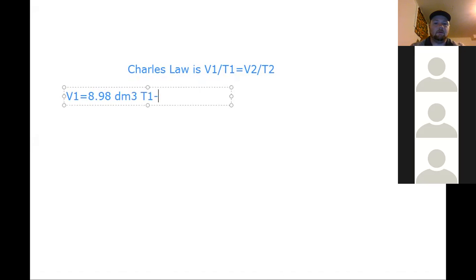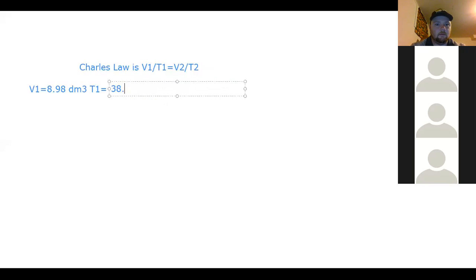T1 is going to equal 38.8 degrees Celsius.